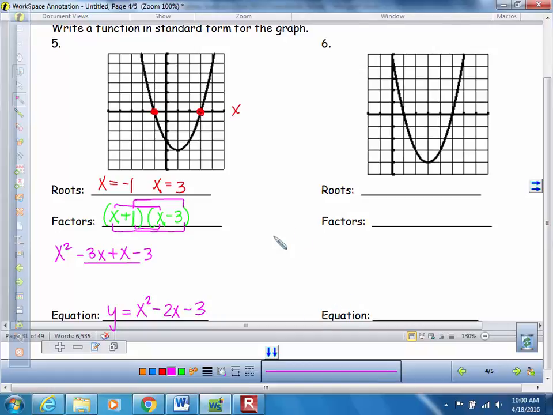Let's look at another one of those. So let's look at 6. So in 6, we're looking where this parabola intersects this x-axis. So Mackenzie, can you tell me what x equals here? X equals 1. And Allison, what does x equal here?